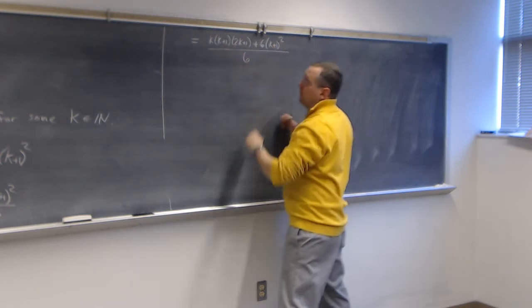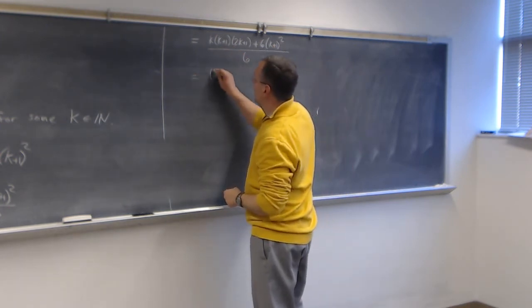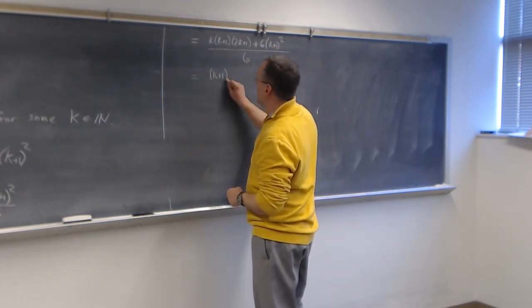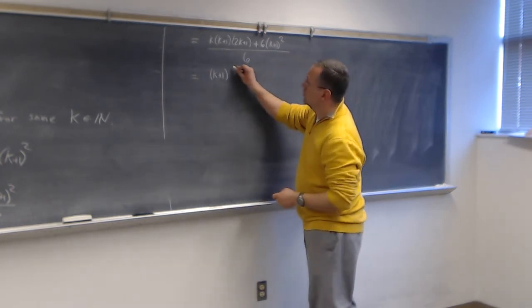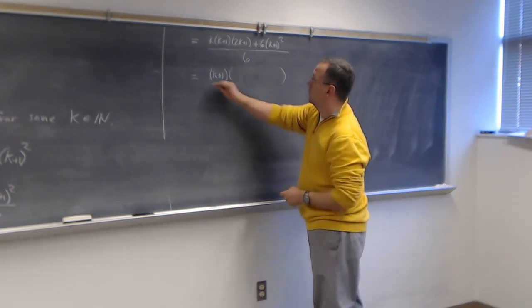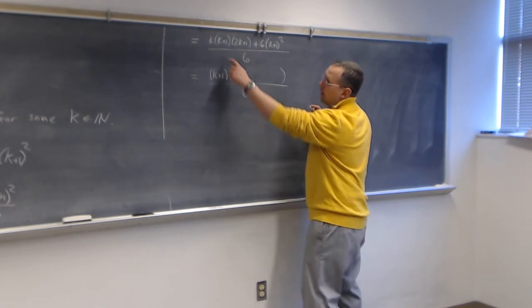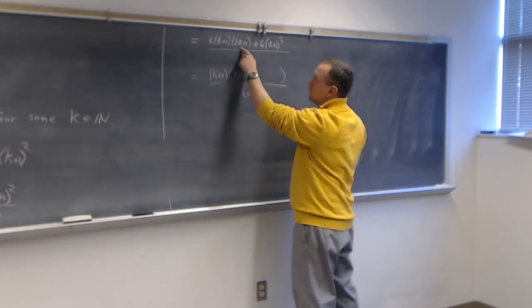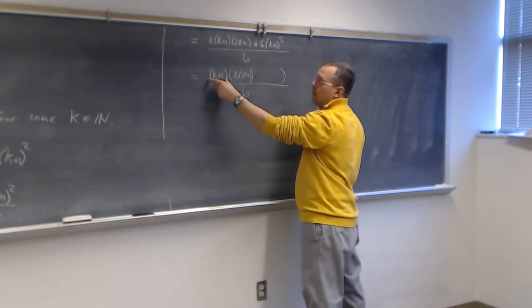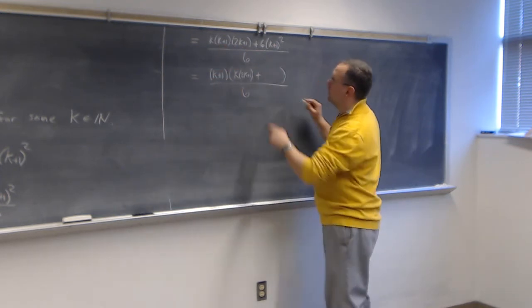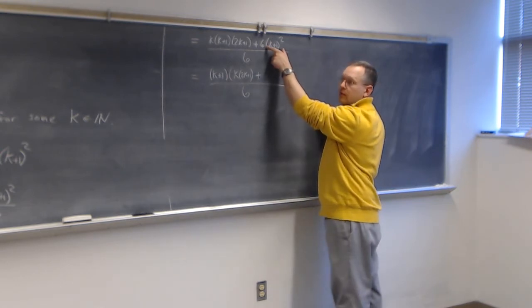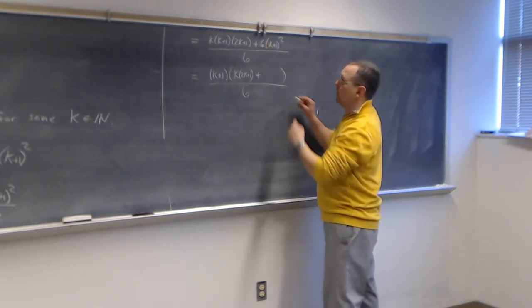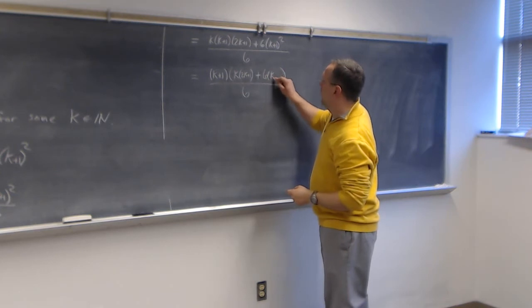So I'm going to factor out a k plus 1 from both groups. From this group, I'm left with k times 2k plus 1. I'm pulling this k plus 1 out front. From this group, I still have a factor of k plus 1, and I have a factor of 6.